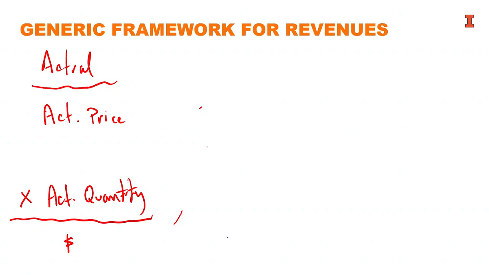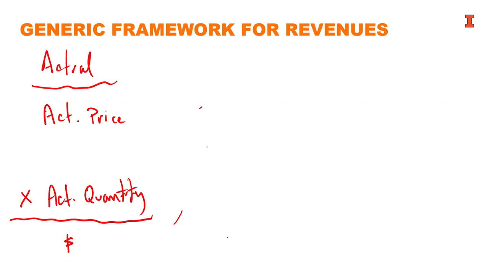By multiplying these two components, we would have total actual revenues. Now, when we make the world a little bit more complex, we can think of a multi-product firm. And in multi-product firms, they usually have products that are complements or substitutes. So just like in previous modules, we can think about the percentage of our overall quantity sold of a particular type of product. For example, in a couple of slides, we'll talk about a cookie manufacturer. And the cookie manufacturer might have 3 different types of cookies.